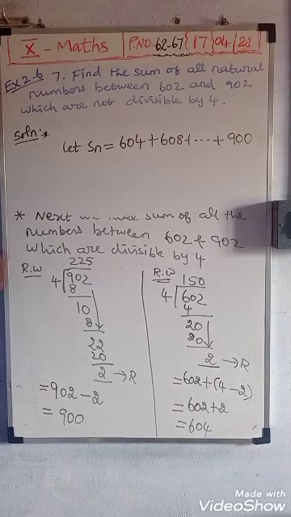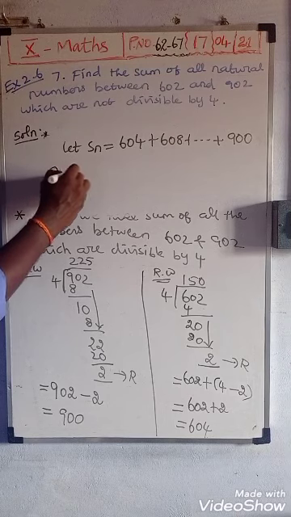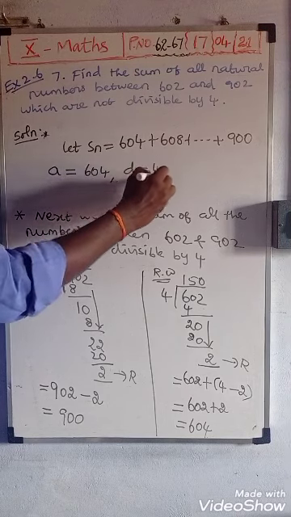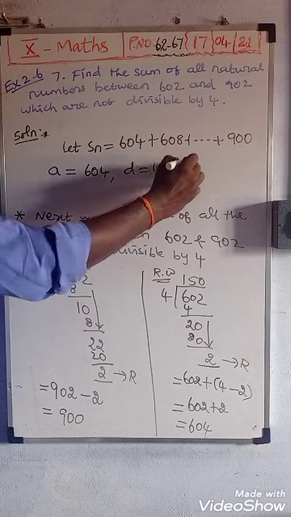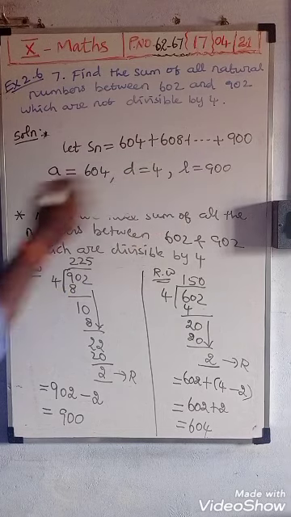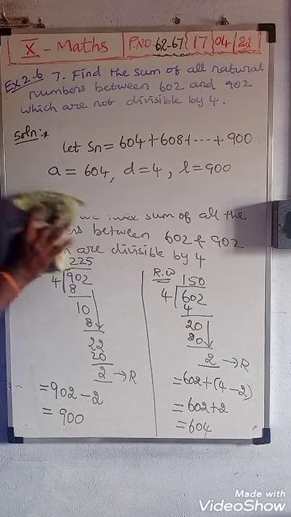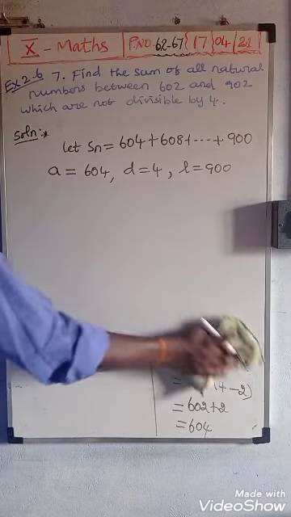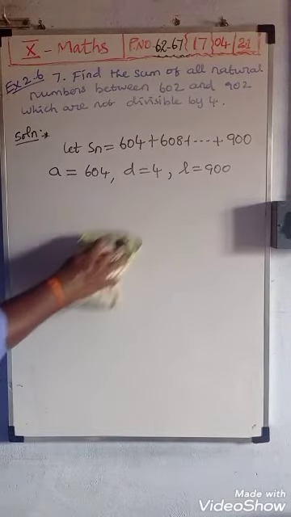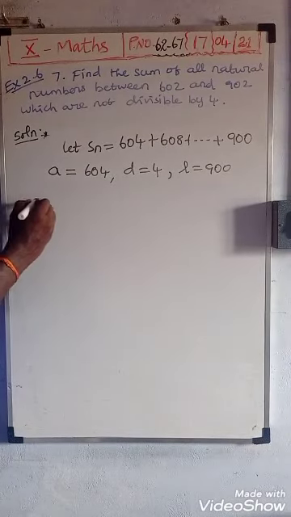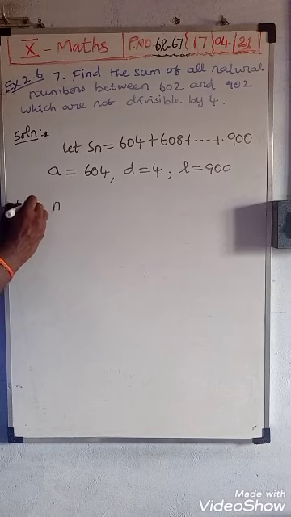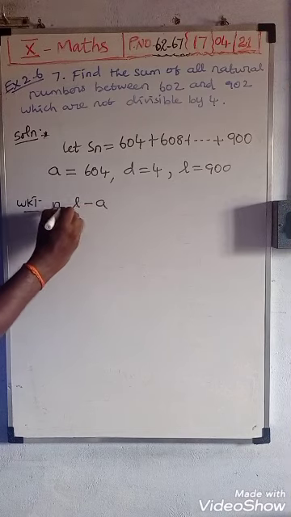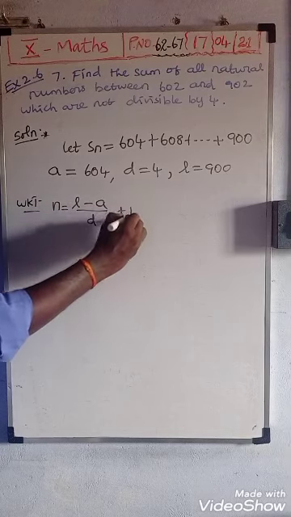Now we want to find n, totally how many numbers there are. For the first term a is equal to 604, common difference d is equal to 4, and the last term l is equal to 900. Okay, it is a big question, so a big answer. Anyway, with this method you can get the answer. So next we find n. n is equal to (l minus a) divided by d plus 1.